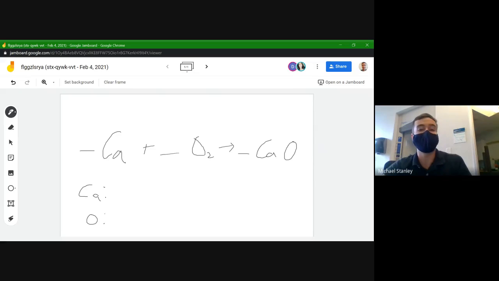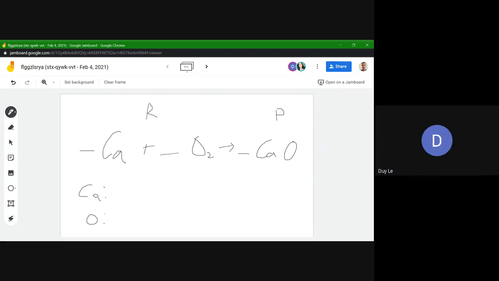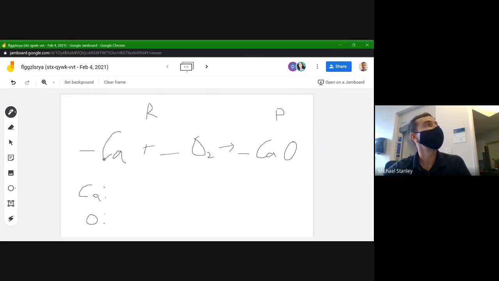So the first thing that I like to do is figure out how many of each atom we have on each side. Over here on the left is the reactant side, and then over here is our product side. So on the reactant side, how many calcium atoms do we have? I think 1. So we have our calcium right here. Does this guy have any coefficients or any subscripts with it?